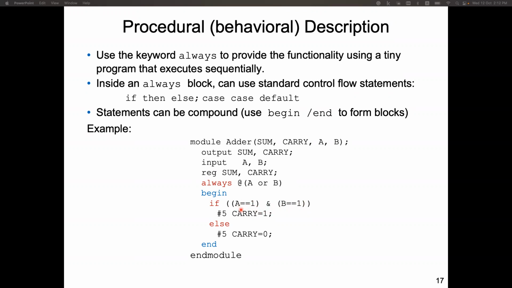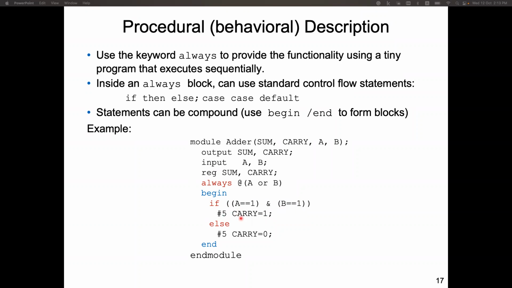If you compare A and 1, B and 1, and this is true, then this small statement will give a true output, 1. If this and this are valid, then do the following: let carrier equal to 1 after 5 units of delay.